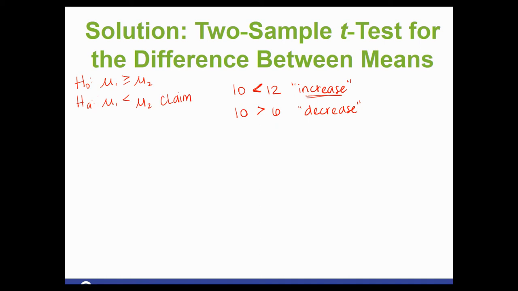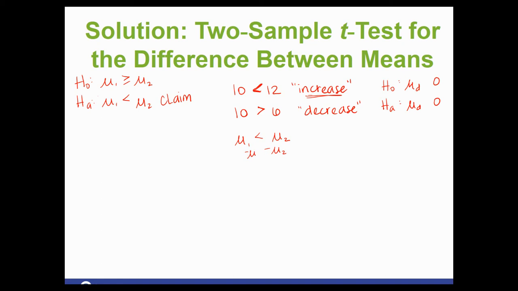Now, one other thing that you might notice when you are working on these in MyStatLab: sometimes they use mu1, mu2. Sometimes they make your hypothesis with mu d and 0. In case you see that come up, what's happening is they are taking that mu1 and mu2 and truly subtracting it.